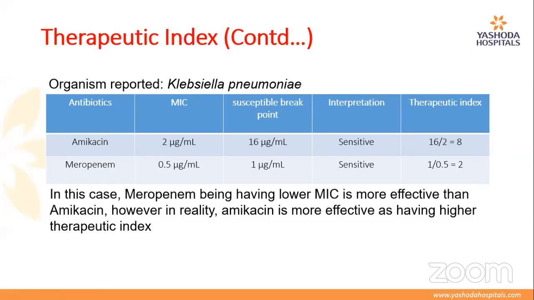Normally what we do is report the phenotypic resistance by automated or conventional methods. When we want to find out the gene responsible for resistance development, then we go for genotypic methods like molecular methods, Xpert Carba-R or film array.